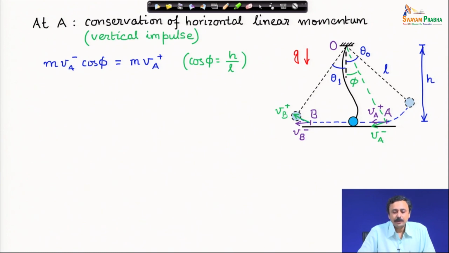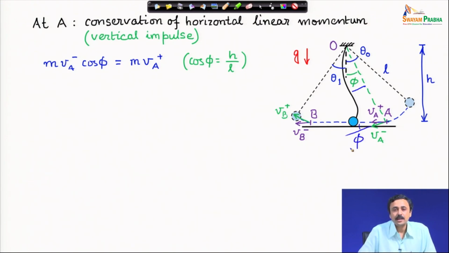Conserving linear momentum in the horizontal direction, I can write mass times V a minus cos phi, where cos phi is the horizontal component of the green vector. You can check that if this angle is phi as marked, then this angle is also phi.